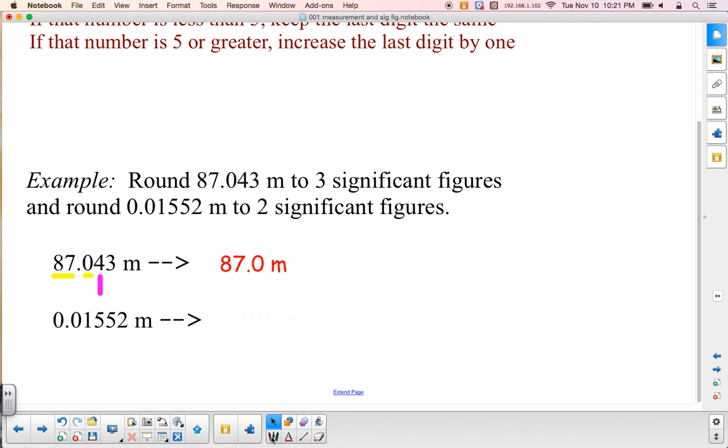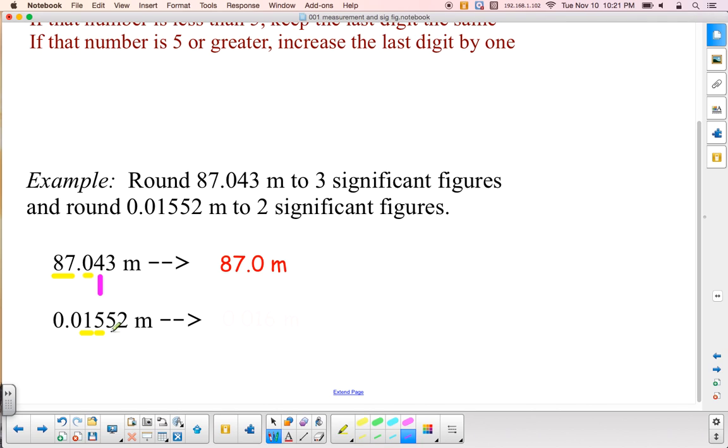If I want to round the number 0.01552 meters to 2 significant figures, I start over here on the left. Leading zeros aren't significant, so I don't start counting until I get to my first non-zero digit. So here's the first digit I want to keep. Here's the second that I want to keep.